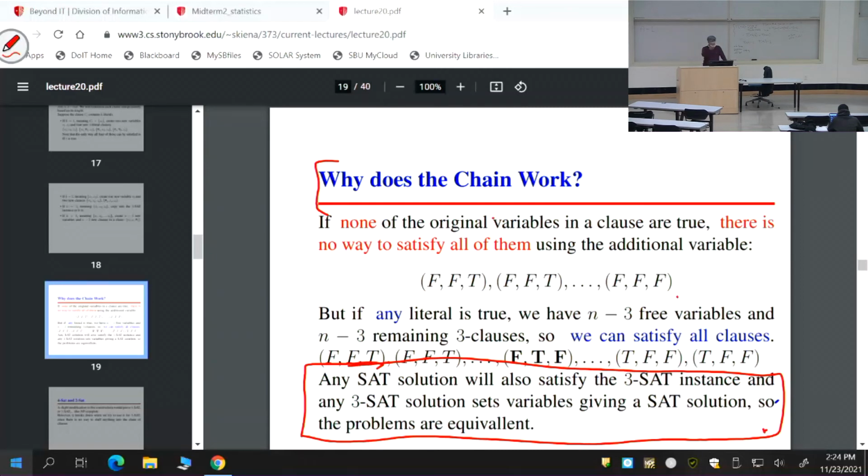You did this translation. You knew which were the V variables that we added and which were the Z variables. If you solved the 3-SAT problem, you could go back and tell me the answer to the SAT problem. Okay? Thus the two problems are equivalent. And if SAT is hard, okay, 3-SAT must be hard. 3-SAT is every bit as hard as satisfiability. Any questions?